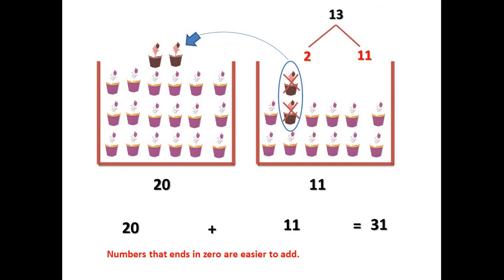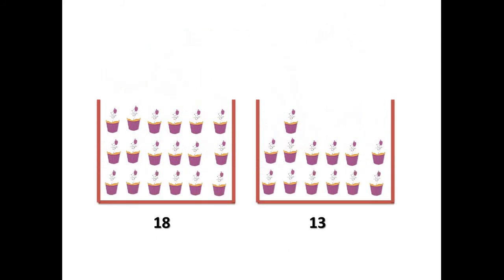Interesting, that's right. So when we have two numbers like 18 and 13 and we would like to add them, we don't have to add them directly. We can break apart one of these two addends to make a 10 from the other.